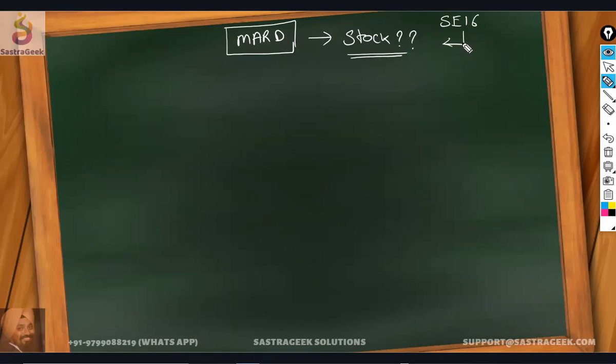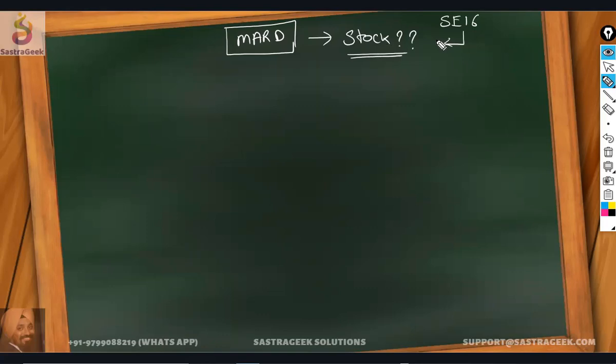So the question is, what would be happening if in MARD you go and check your stock in SA16? Or any table you execute where we are saying that the stock information is not at all there, and you are executing this table in SA16, whether the stock would be there or not.